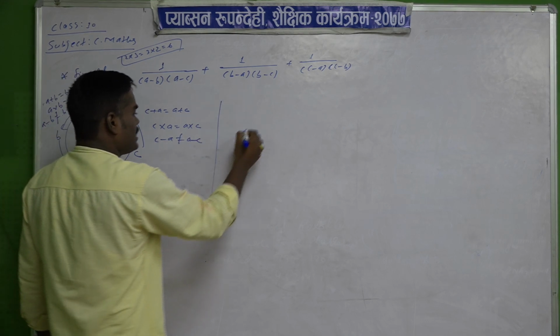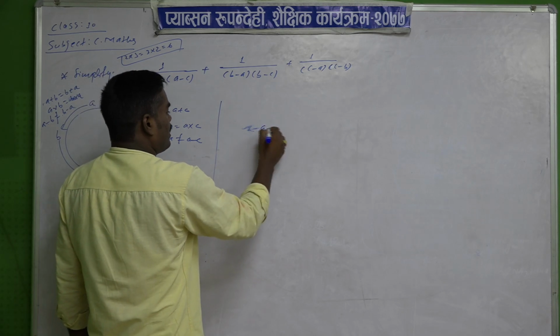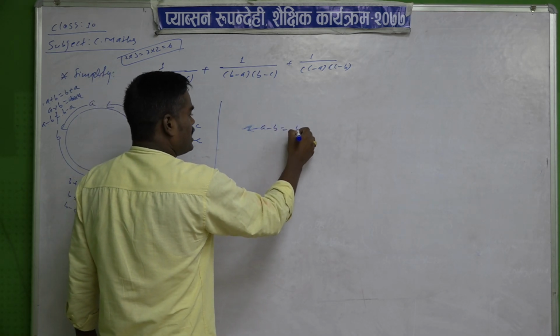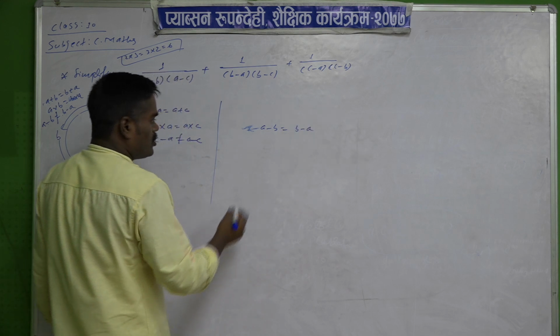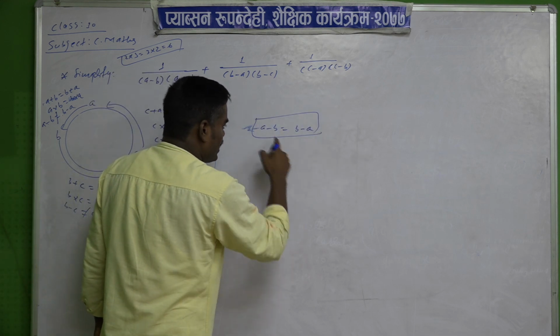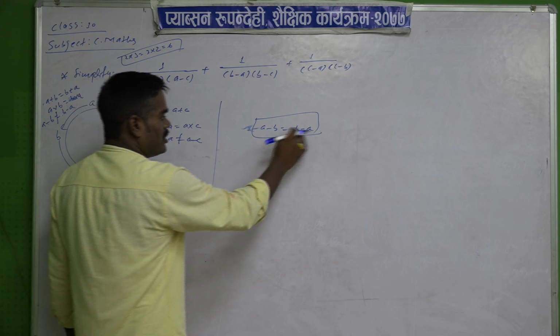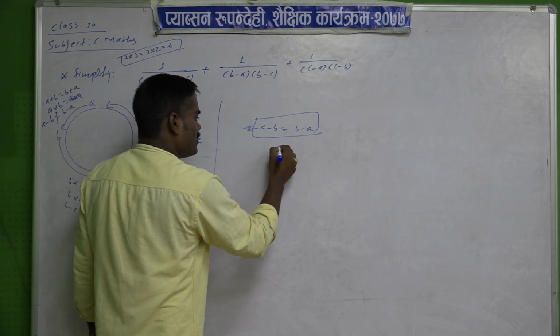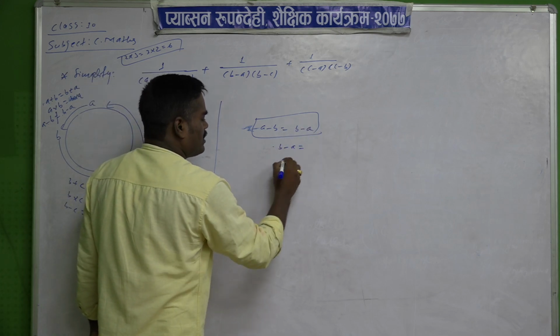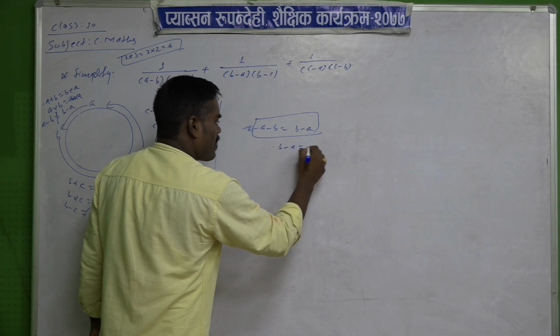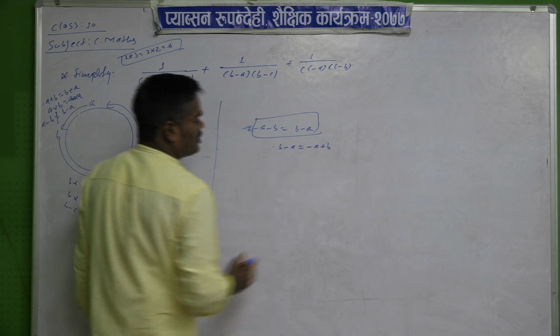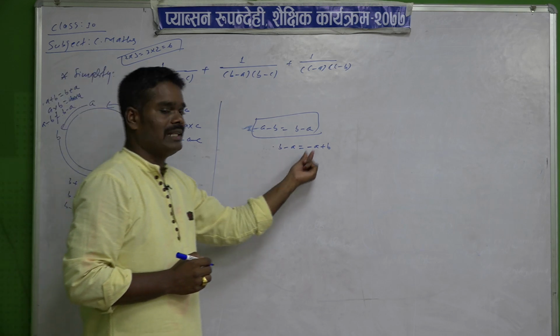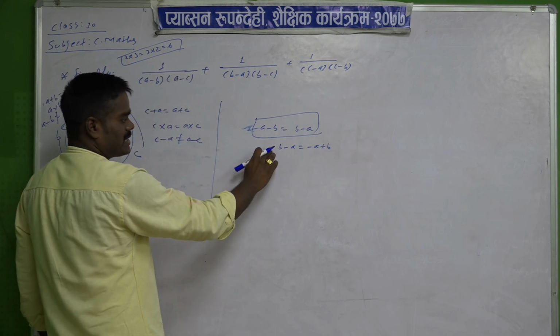So how to write this? Here A minus B, and here is given B minus A. Firstly, to write it in the form of A minus B, you have to arrange it. So B minus A equals minus A plus B. We write A first and then B, and B has a plus sign.